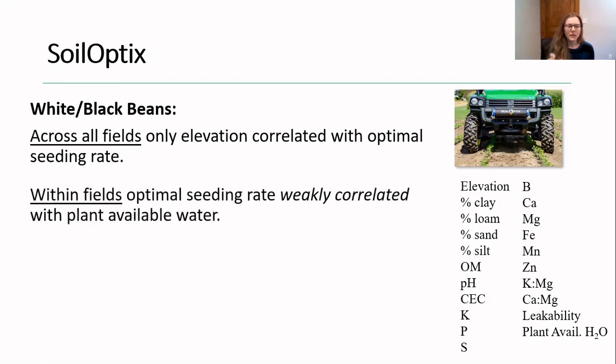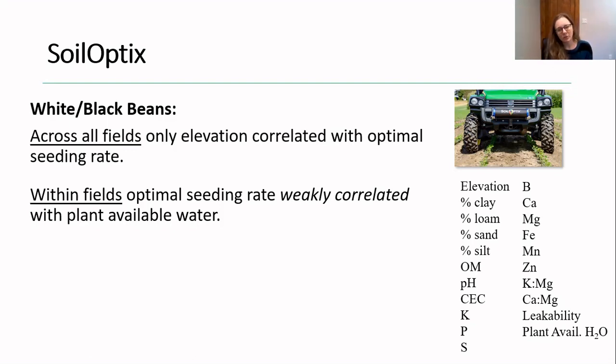Now, when we look within a given field, the parameter that had a weak correlation with optimal seeding rate was plant available water. And agronomically, that kind of makes sense. Very dry conditions can only support maybe a fewer number of seeds, but as there's more available water, you can successfully grow more seeds.